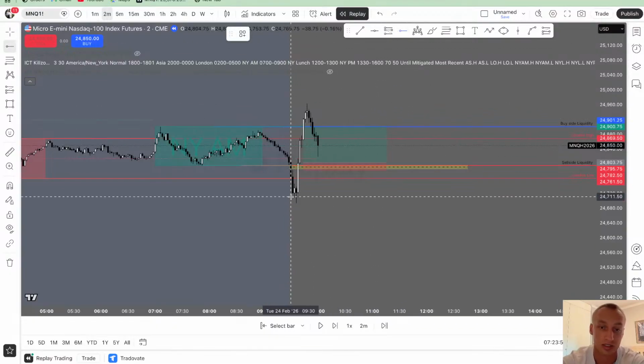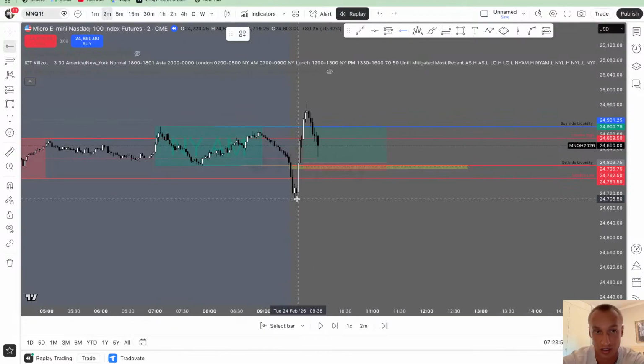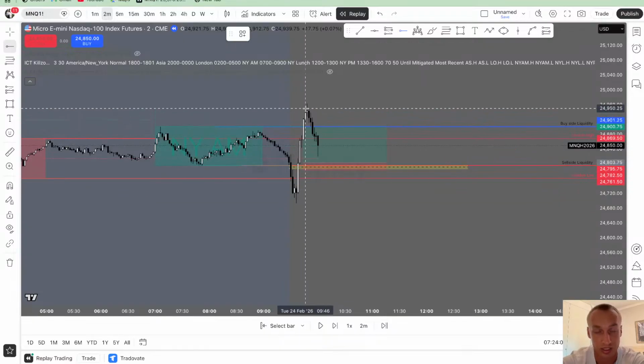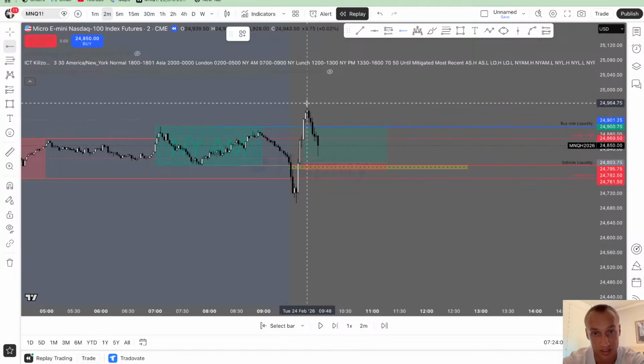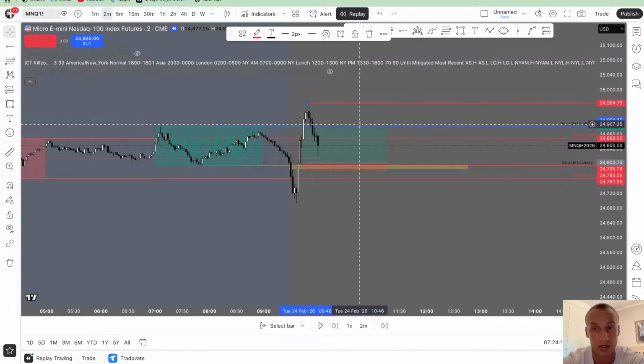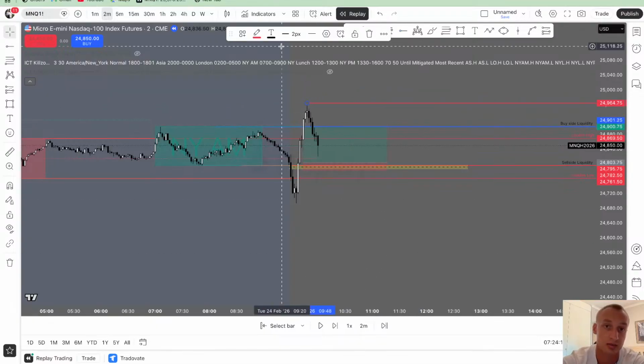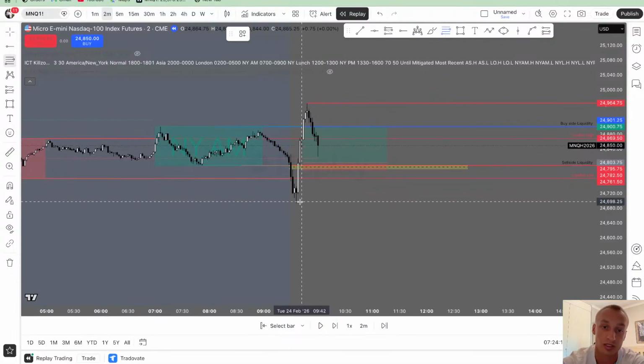So once the market takes out sell side, it moves upside, right? Once it takes upside, buy side, it's going to create a swing high. And the market's always going to test back to equilibrium, right?